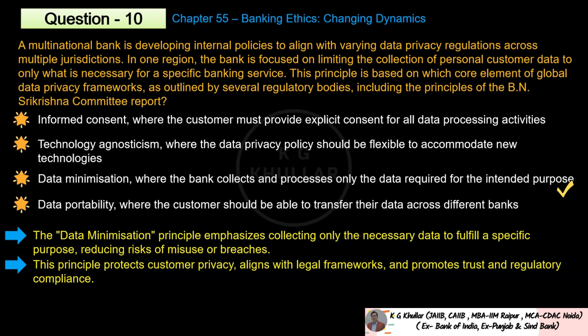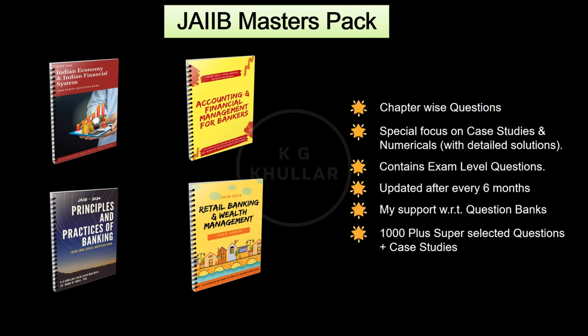Now friends, in case of informed consent, which focuses on autonomy of the user, or data portability, which ensures data transferability, data minimization is specifically concerned with minimizing unnecessary data collection, thus helping to maintain customer trust and regulatory compliance across all jurisdictions. So friends, I hope the explanation is clear to you.